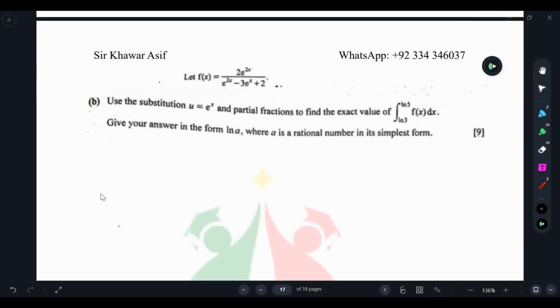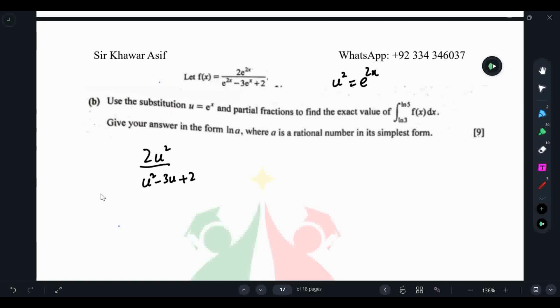So f of x now becomes 2u square, because if u is equal to e power x, then u square will be equal to e power 2x. So we will write it as 2u square divided by u square minus 3u plus 2.